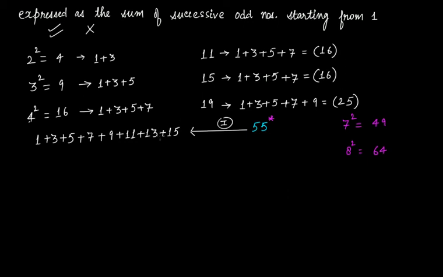Right? So from here you get 64. Clearly 64 and 55 are not the same. That's why you can say this is not a square number. As I said, this is the first way.